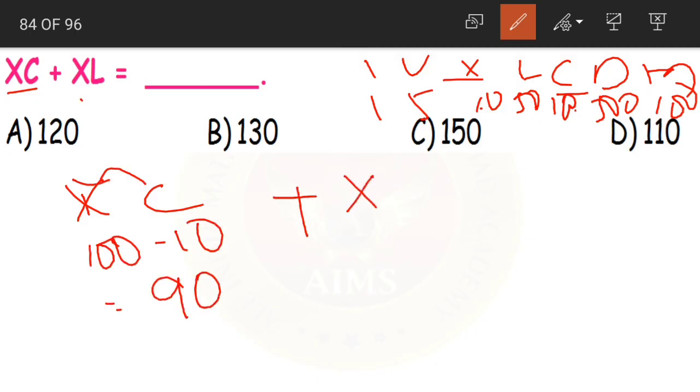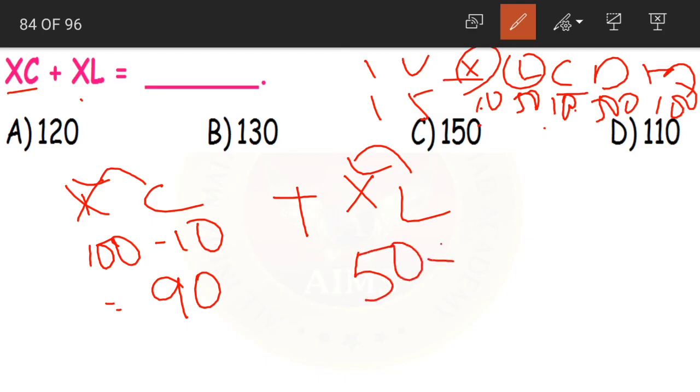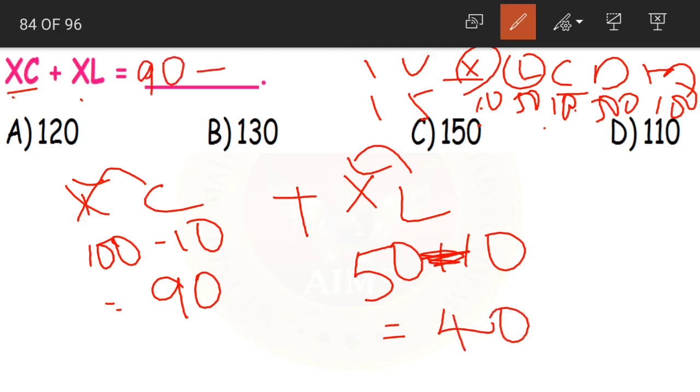Plus XL. Now XL is again 10 and 50. The smaller number is to the left, so we need to subtract. 50 minus 10 becomes 40. So XC is 90 and XL is 40.